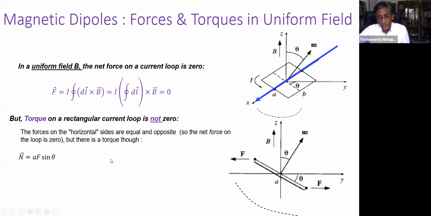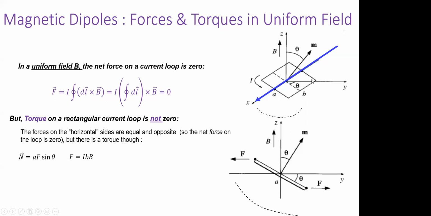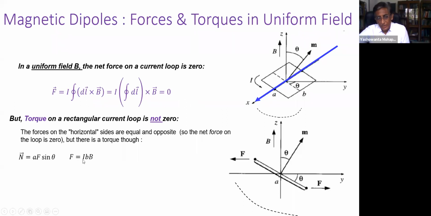What is the force? Suppose this is b. Then the force is I b B, and I can put that into my torque: I a B sine theta, with the torque in the x direction. I a b I can write as M, so the torque is M B sine theta.